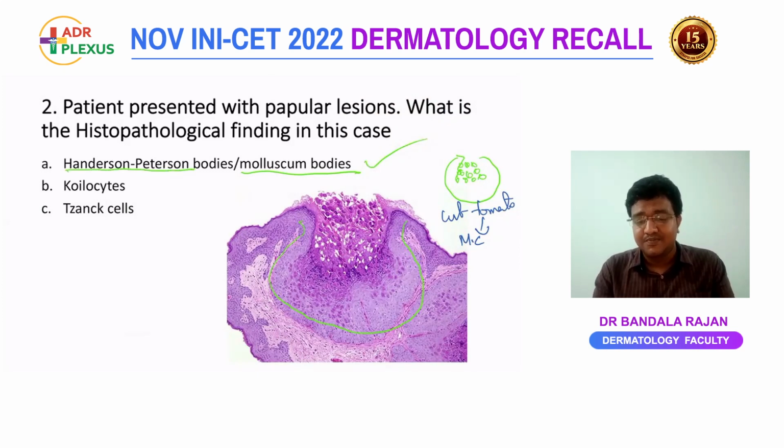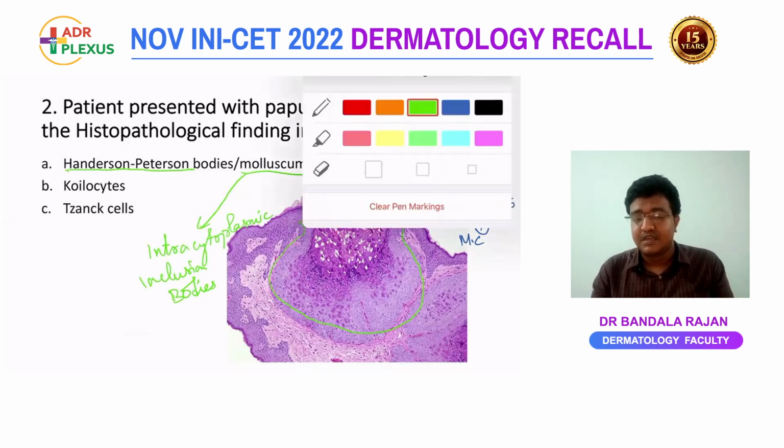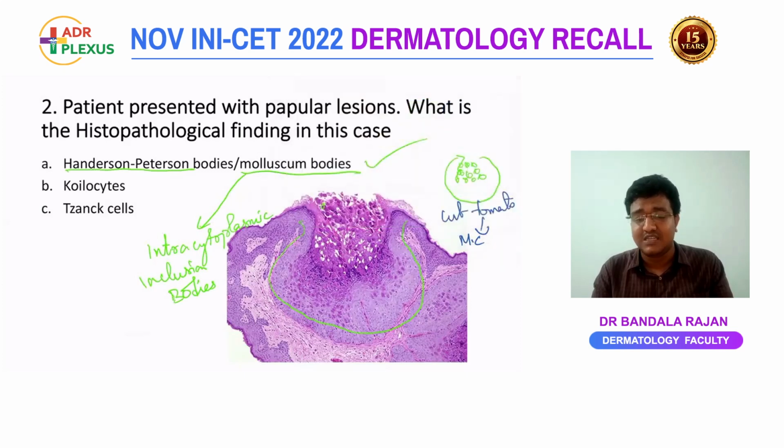These are intracytoplasmic inclusion bodies. That thing is very important. Here we can make out these oval shaped purple colored lesions, which are Anderson-Peterson bodies or Molluscum bodies.